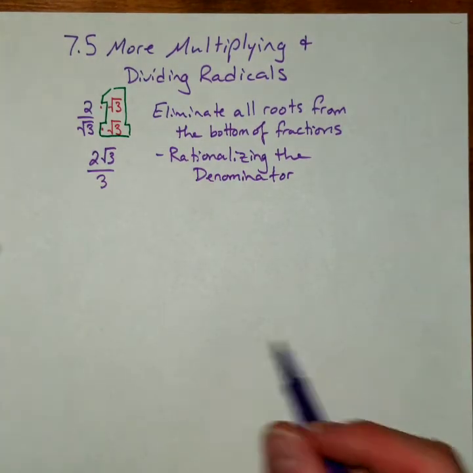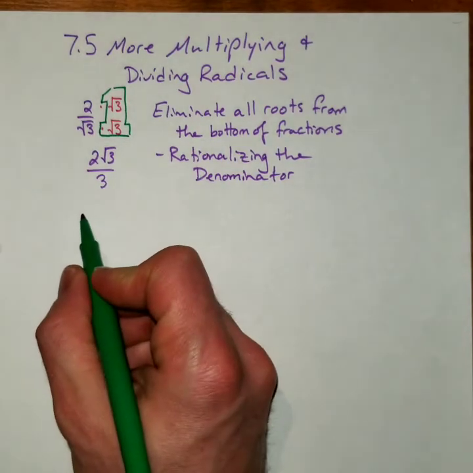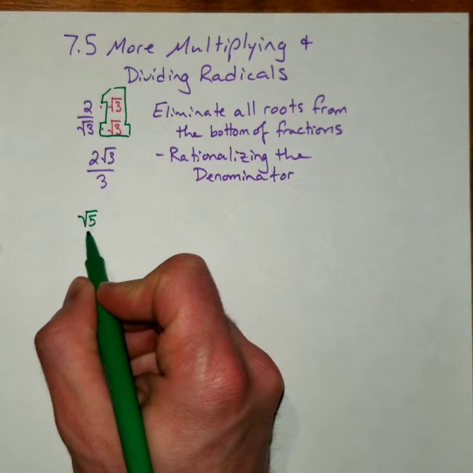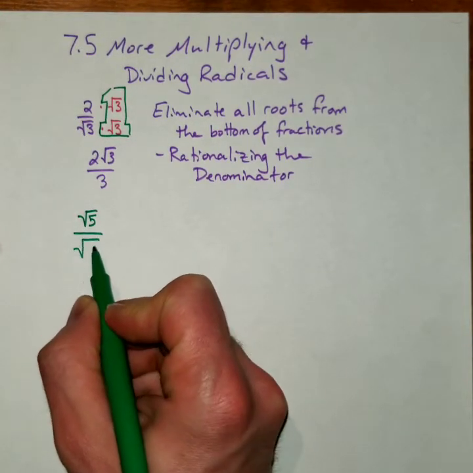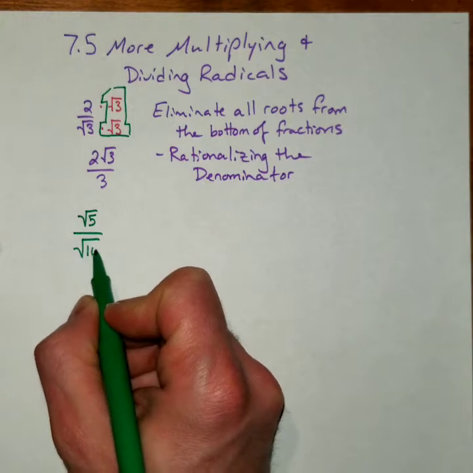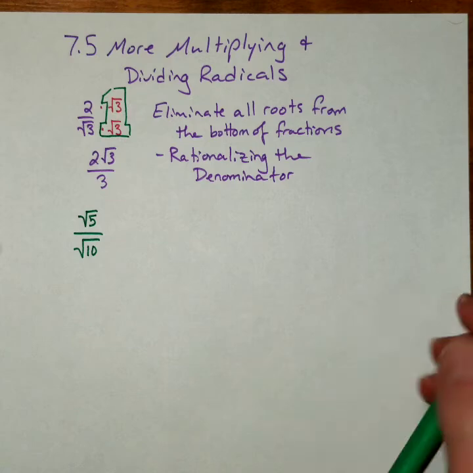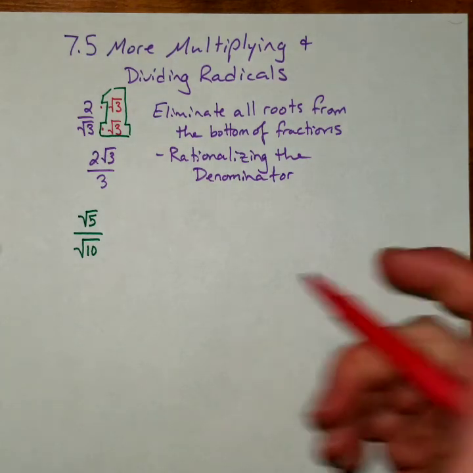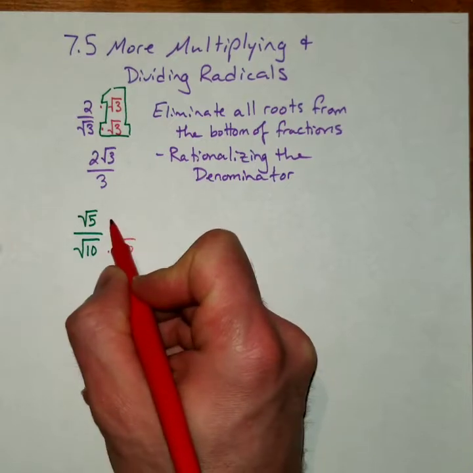Okay. Let's look at another example. If I were to take the square root of 5 divided by the square root of, let's go with 10 here. I can do a similar idea. I can multiply the top and bottom by the square root of 10.